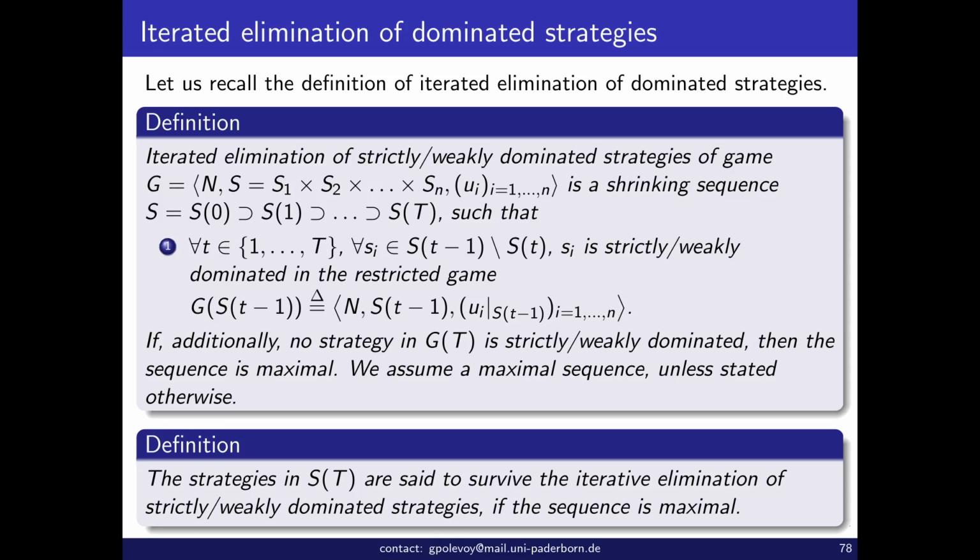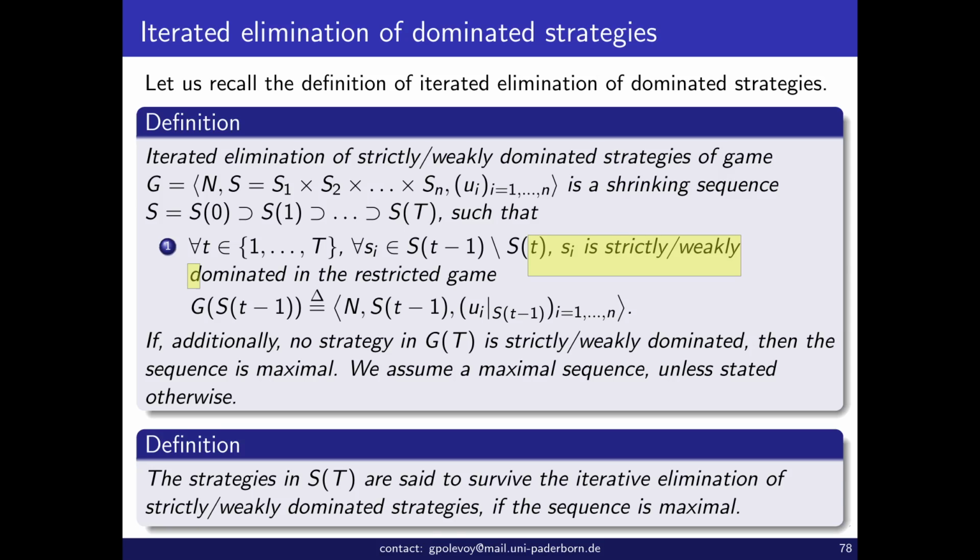So iterated elimination of strictly or weakly, here we are interested in strictly, but in general it can be defined for anything, of strictly or weakly dominated strategies of a game is a shrinking sequence, every new element strictly included in the previous one, such that for any step, all the elements which existed in the previous step and don't exist now are strictly or weakly dominated, depending on which iterated elimination we are defining, in the restricted game of the previous stage.